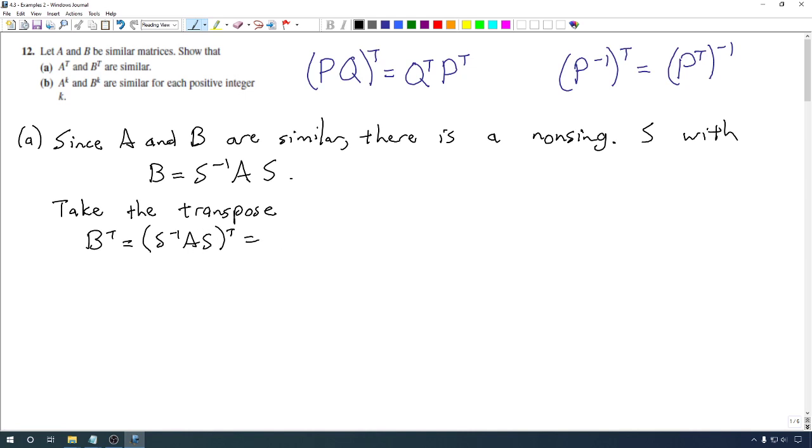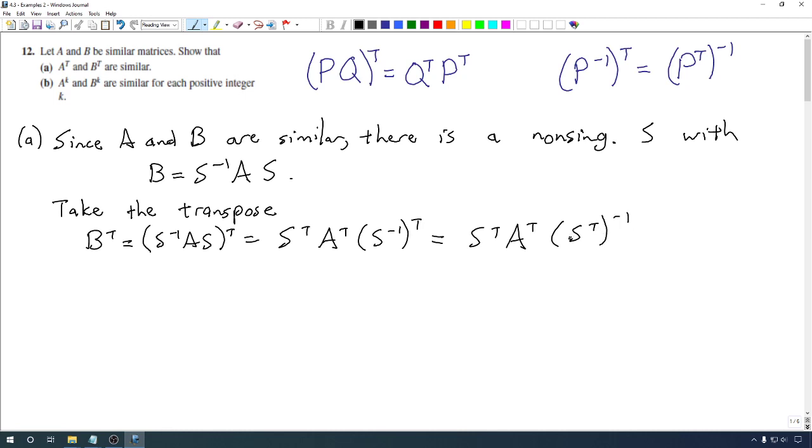So we have an S transpose, we have an A transpose, and then we have an S inverse transpose. But of course, that's why we brought up this other formula. S inverse transpose is just going to give us, I should go ahead and write out the S transpose A transpose again, but we'll have an S transpose inverse.